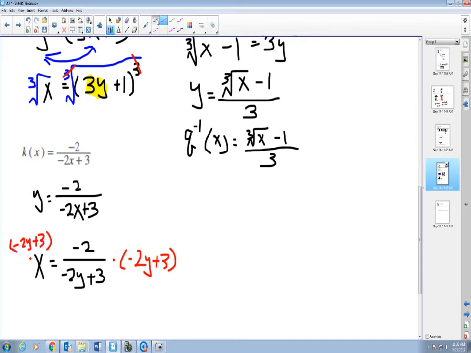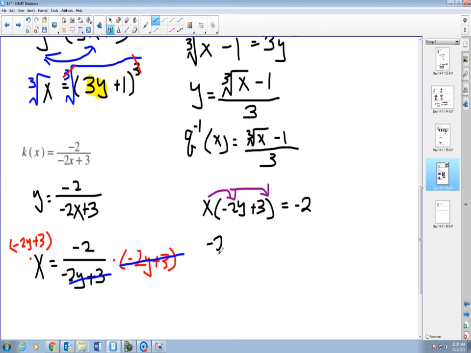Now what's tricky about these problems is the next step. On the left side I have x times -2y plus 3. On the right side, my denominator will cancel out, so the only thing I have left is just my -2. So my variable term is still trapped inside this parenthesis. I will do a distribution to bring out my variable term.